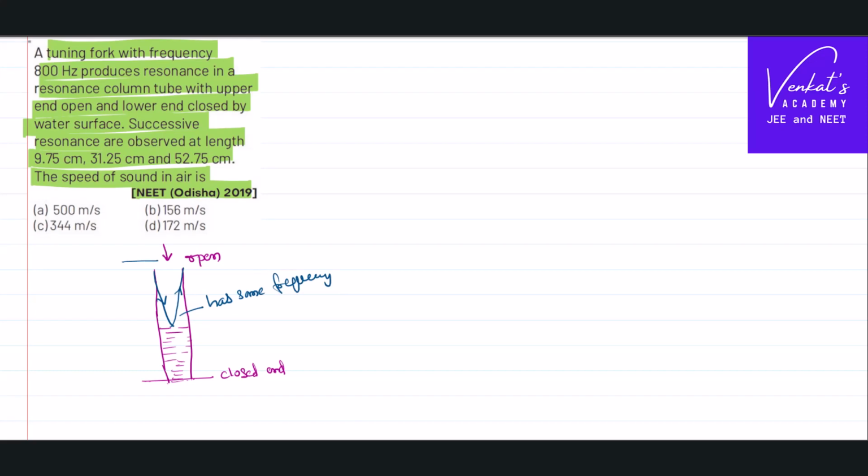When you use a tuning fork, by varying the position of the water, we can vary the air column length. At a particular length of the air column, the frequency of the air column becomes equal to the frequency of the tuning fork. Then they resonate together and vibrate with a large booming sound. Then we can confirm that resonance has happened.